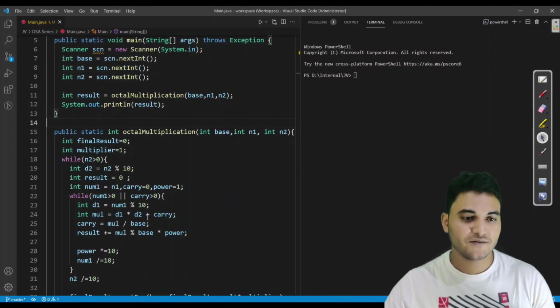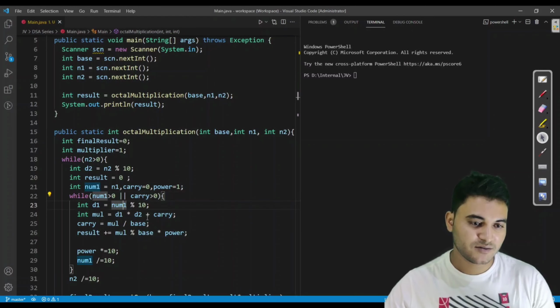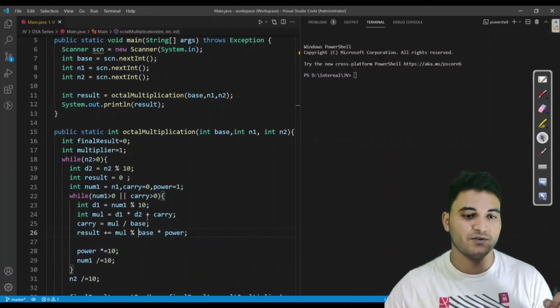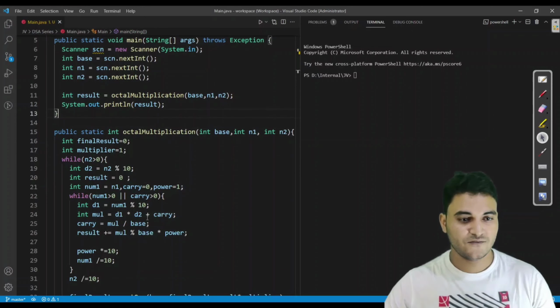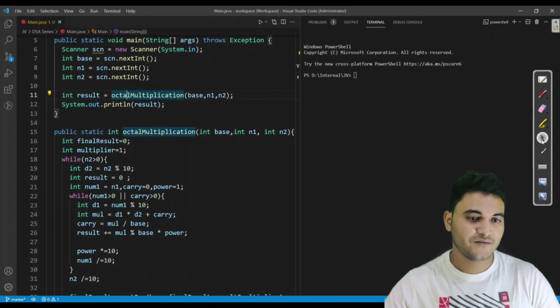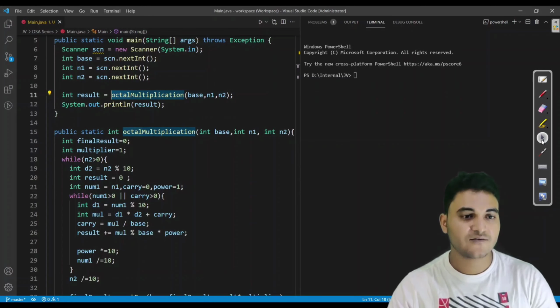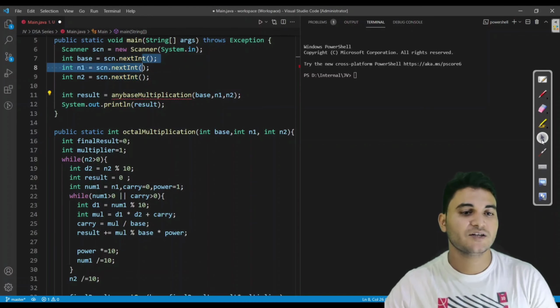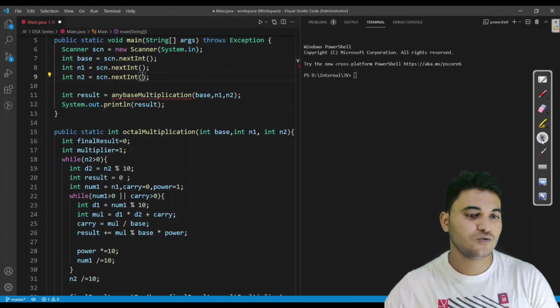So wherever we are considering the base, we have to replace it with the base value. Fine. If you look here, we have the octal multiplication method. We just need to change it for multiplication of any base, and you can see we have already taken one base from the user and two numbers.